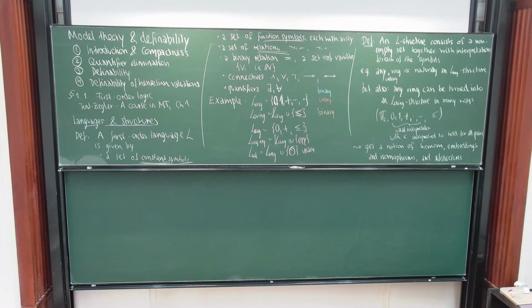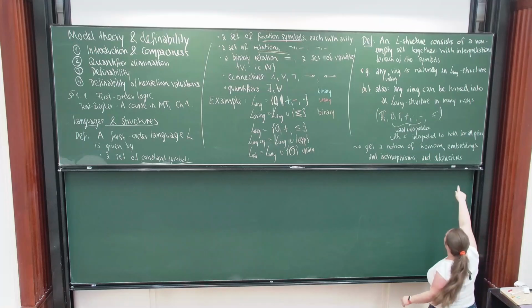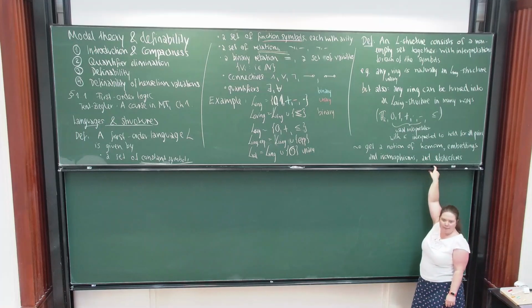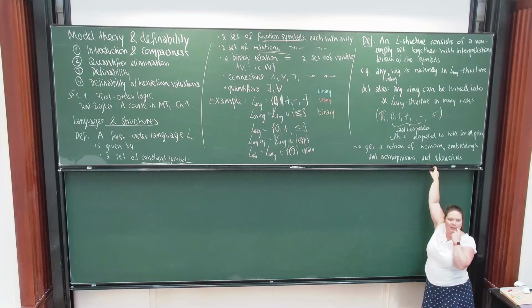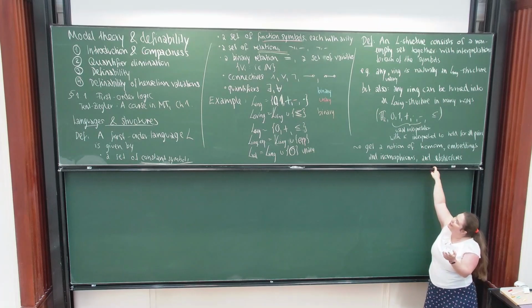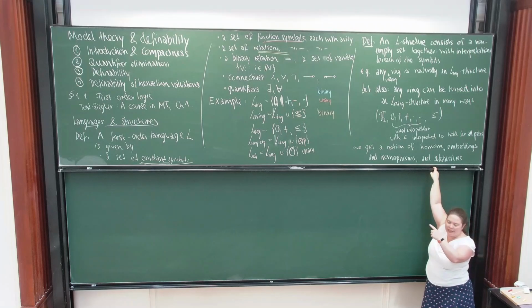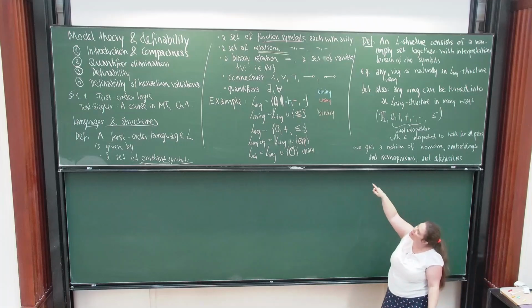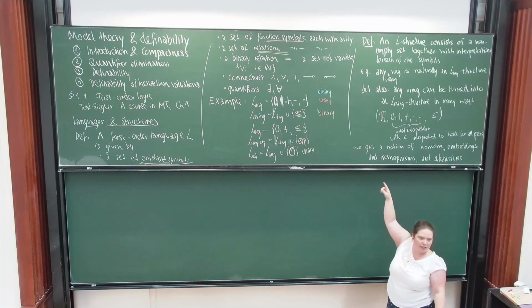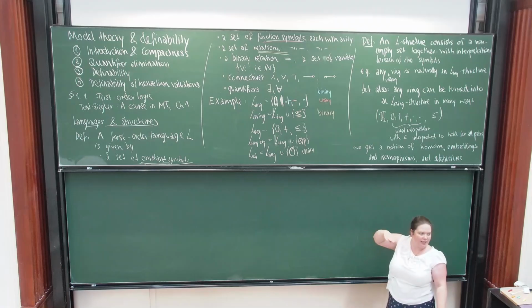So substructure is just the obvious thing, right? You take a subset, and a subset supports a substructure if it contains all the interpretations of the constant symbols, and it's closed under the function symbols, and the relation symbols you just cut down.